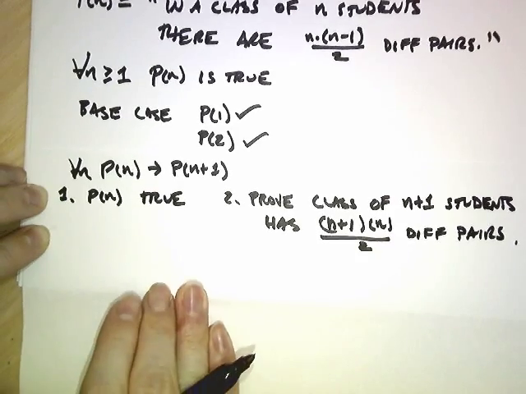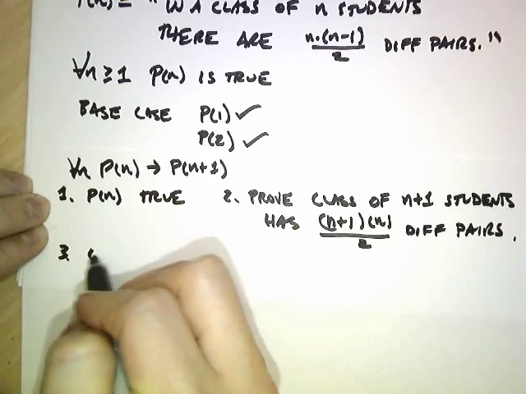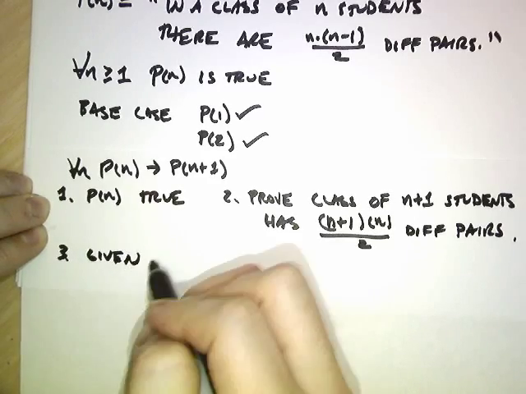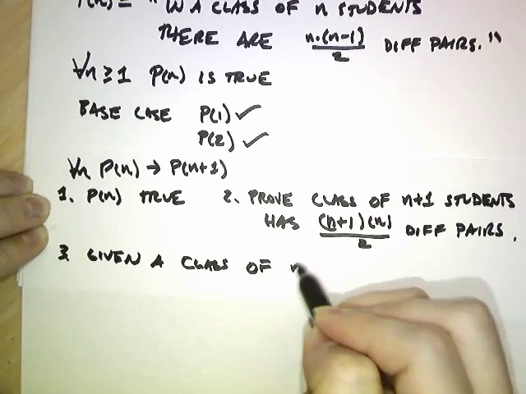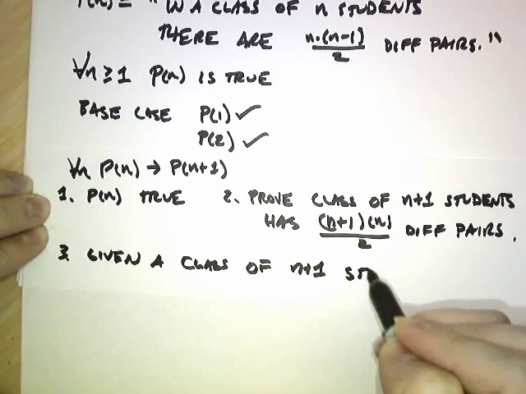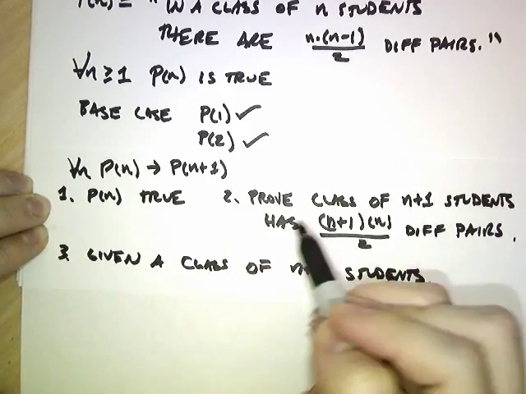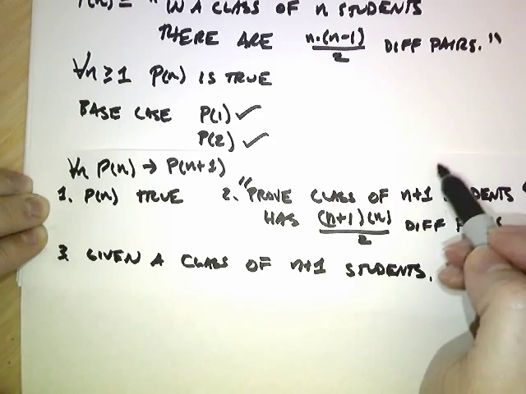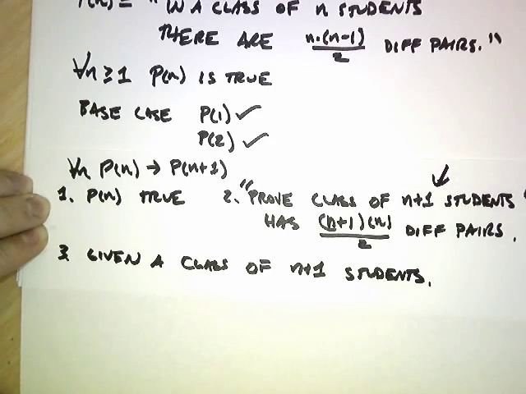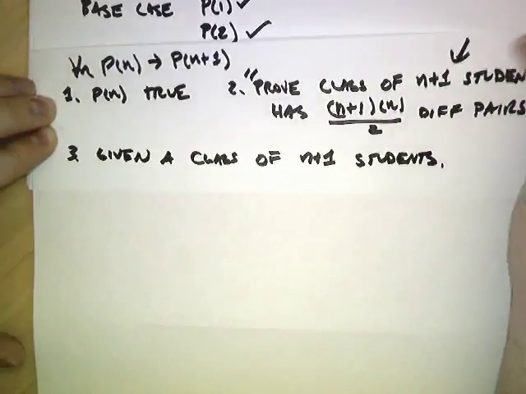Okay, well, how do we prove something like this? So we're given a class of n plus 1 students. And this is what we need to prove, right here. And we have this class of n plus 1 students.